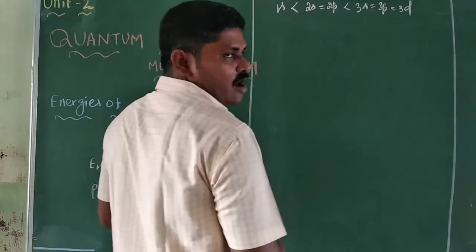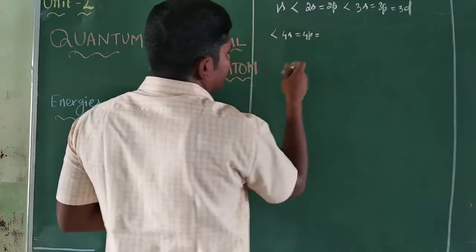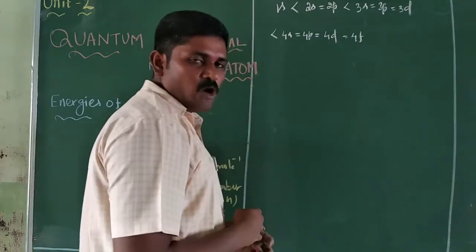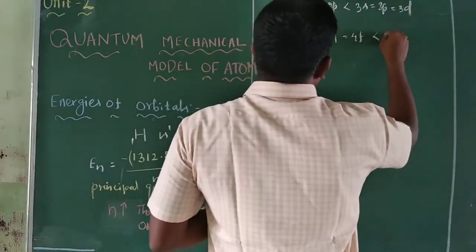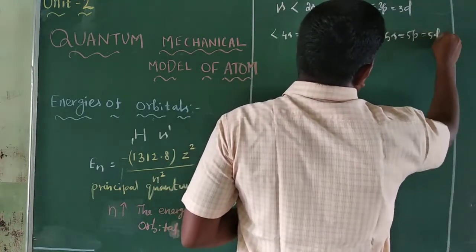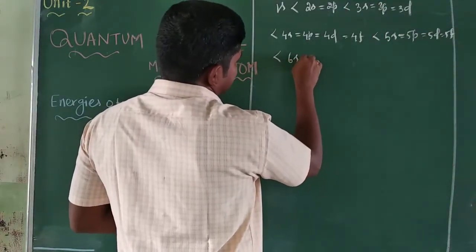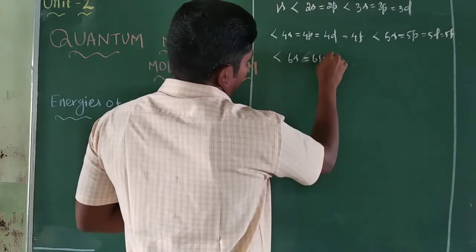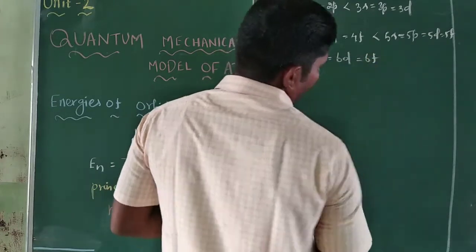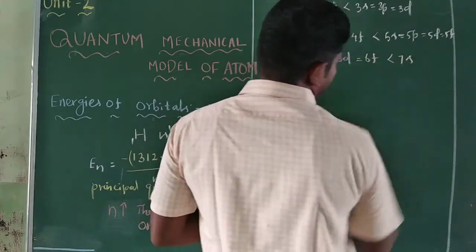orbitals, and less than 4s equal to 4p equal to 4d equal to 4f orbitals, less than 5s equal to 5p equal to 5d equal to 5f orbitals, less than 6s equal to 6p equal to 6d equal to 6f orbitals, less than 7s.